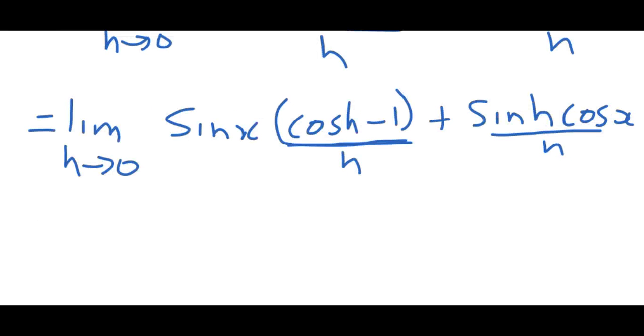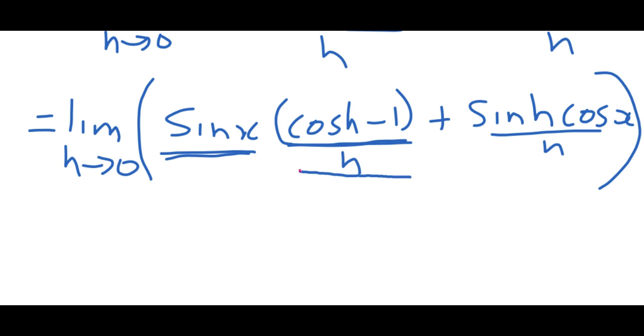Now what I want to do next is to take the limit of everything we have here. Remember, the limits affect everything here, and so we can think of taking the limit of sine x alone, the limit of (cos h minus 1) on h alone, and the limit of this one too, which can be split in the form of cos x times sine h on h separately, like we did for this part of the work.